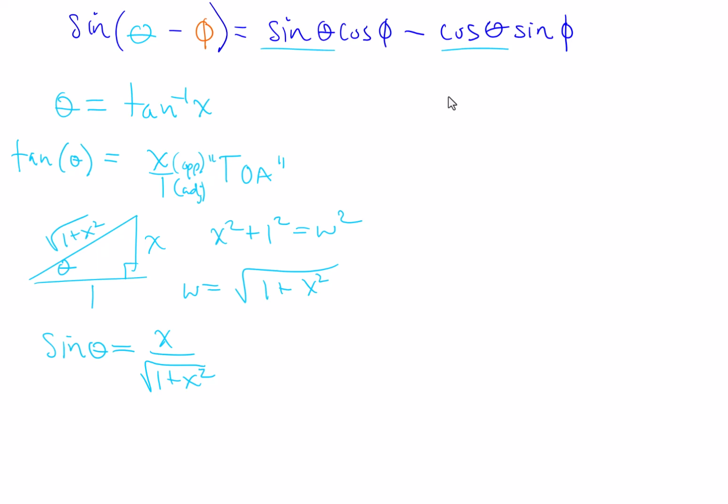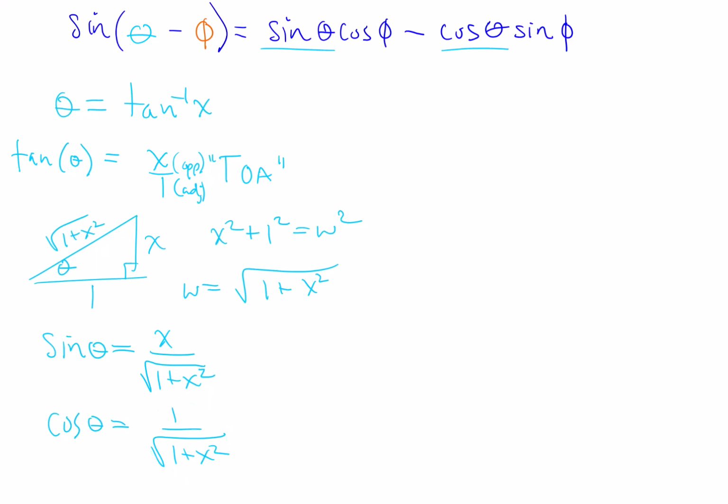And similarly, while we're at it, we could say the cosine of theta, again just using SOHCAHTOA ratios, cosine would be adjacent, which is 1, over hypotenuse, which is the square root of 1 plus x squared.